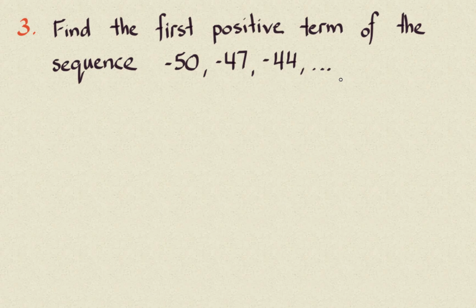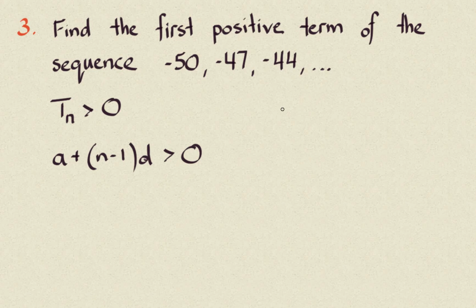But what's that first positive term going to be? Okay, so to set this up, we are saying we want the term that is positive or greater than 0. So we want a plus n minus 1 times d to be greater than 0.